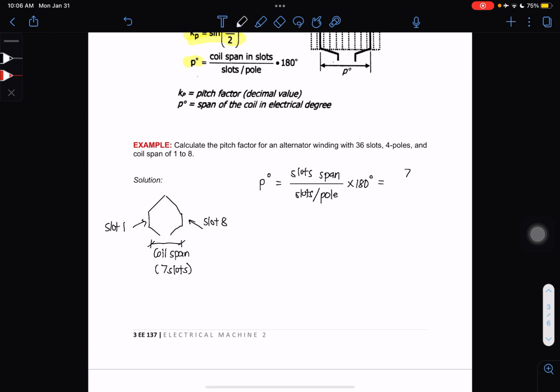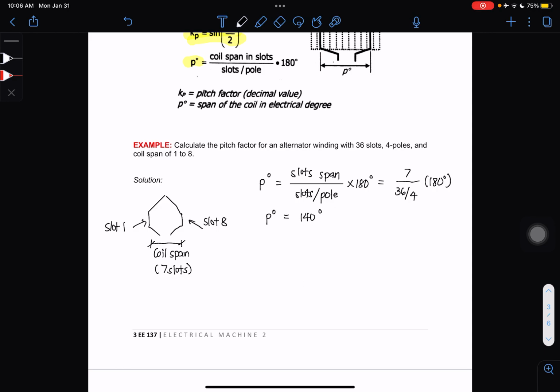So 7 over the slots per pole, which is 9. Why 9? Because 36 divided by the 4 poles, multiplied by 180 degrees. So the span of the coil is 140 degrees.